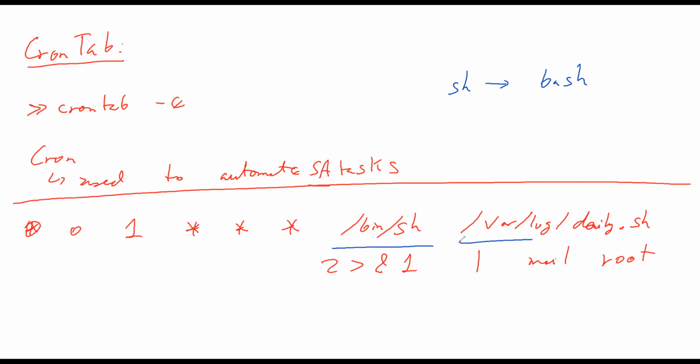And then I call the script, daily.sh. That script then does this. What was this again? It's redirection. You grab the standard error and the standard output, and then you pipe those and send an email, so that somebody gets a notification.